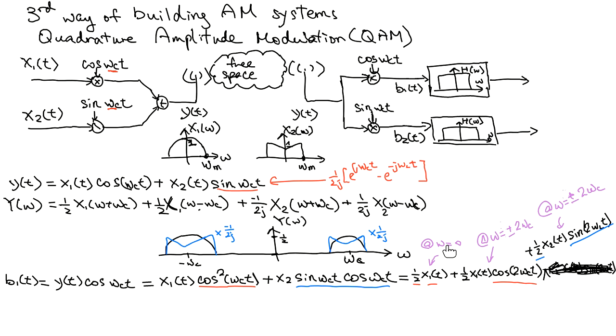This term should be centered around 2 omega c because there's a cosine 2 omega ct here. This term should also be centered around 2 omega c because there's a sine 2 omega ct here. So why do we talk about this? That's because at the end, B1 passes through a low pass filter, and at the end you will be able to get x1 of t.